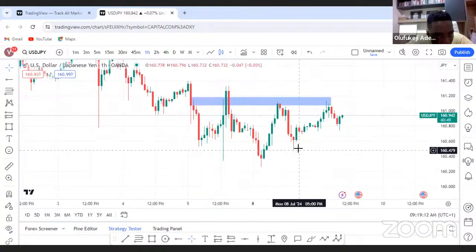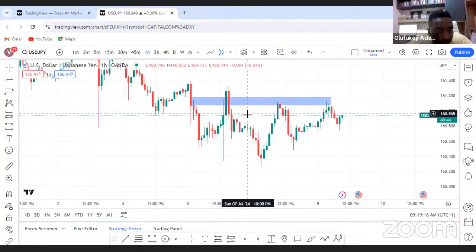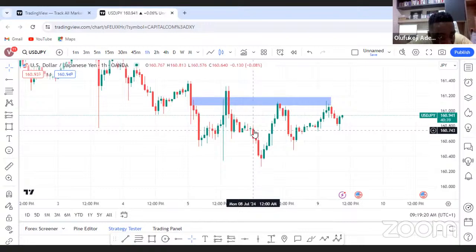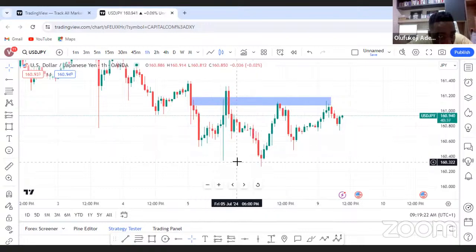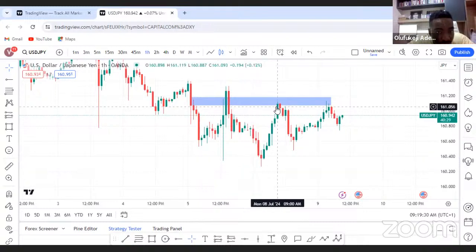So shoulder, sweep, break of structure to the downside. Exactly, that low. It didn't close below it, but it grabbed that liquidity. Then it went back up to the left shoulder to mitigate. That's a sell entry there.